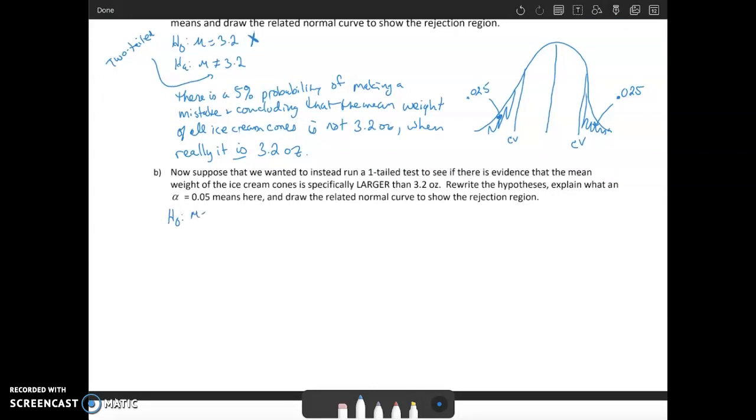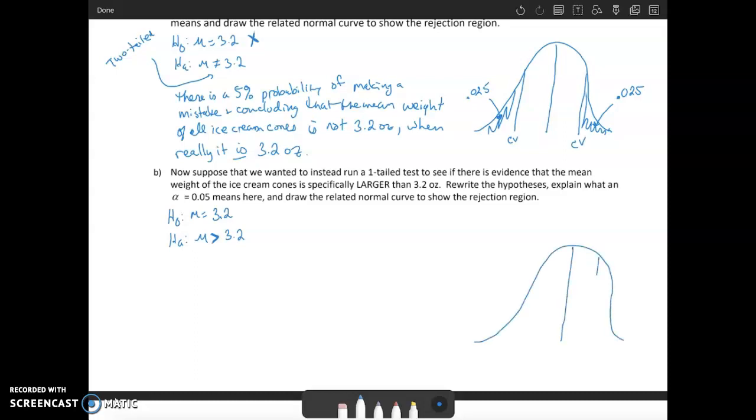I still have been told this whole time that the mean weight, mu, is 3.2. The only thing that changes is my alternate hypothesis, and the only thing that changes is the symbol. So now I'm trying to provide evidence or show specifically that the mean weight is larger. I've now put a direction on it.